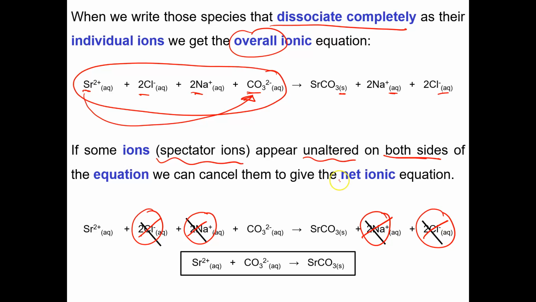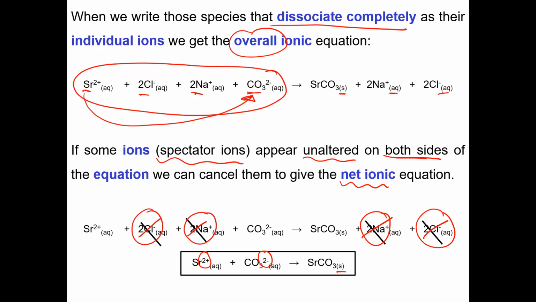And when we do that, we end up with what's called the net ionic equation, which is strontium ions combined with carbonate ions to form solid strontium carbonate. And they're going to do this in a 1-to-1 ratio because they have equal and opposite charges.